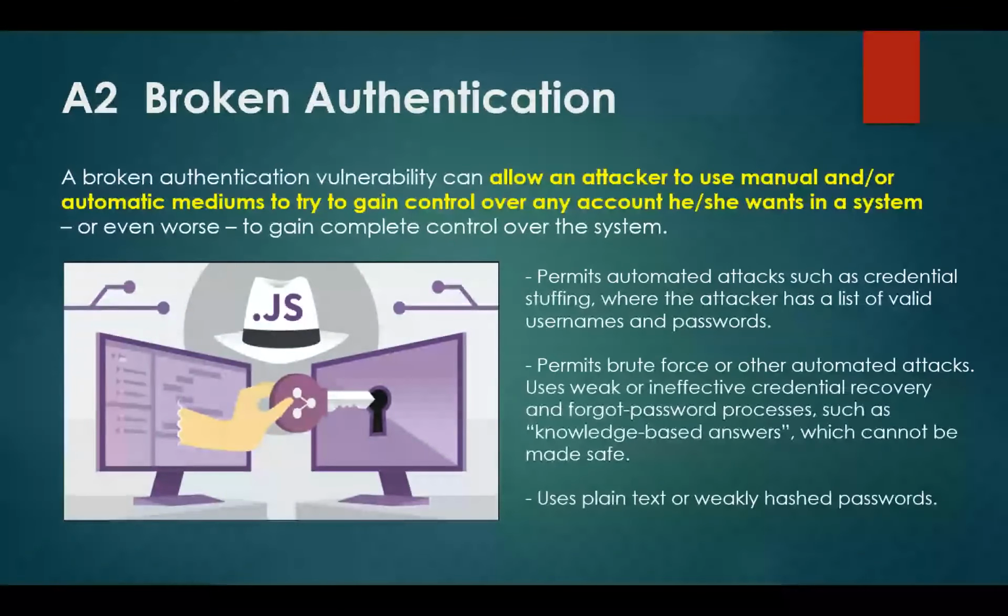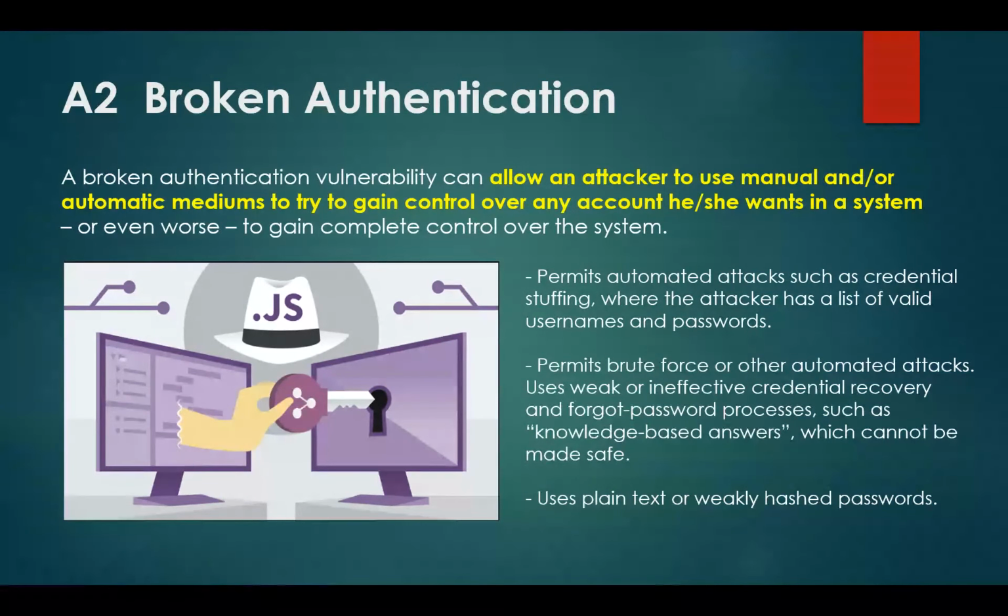Broken authentication can happen when it permits automated attacks such as credential stuffing, where the attacker has a list of valid usernames and passwords. The other case is when it permits brute force or other automated attacks, or uses weak or inactive credential recovery and forgot-password processes such as knowledge-based answers, which cannot be made safe. In those cases, broken authentication vulnerabilities can happen.